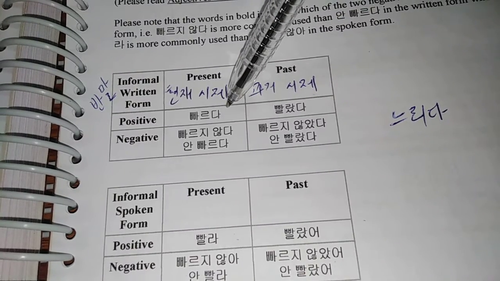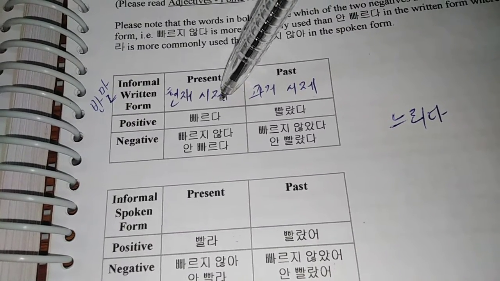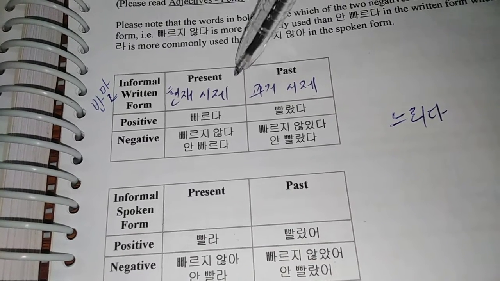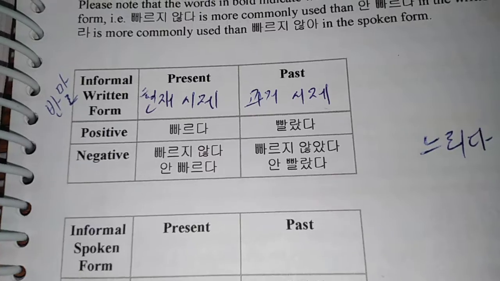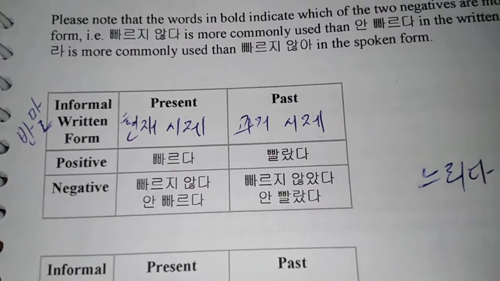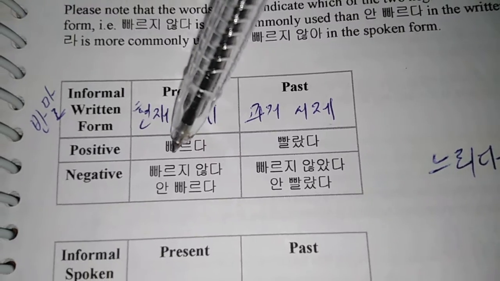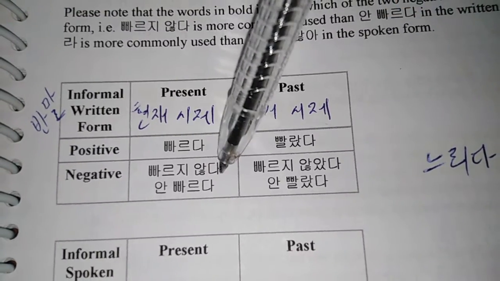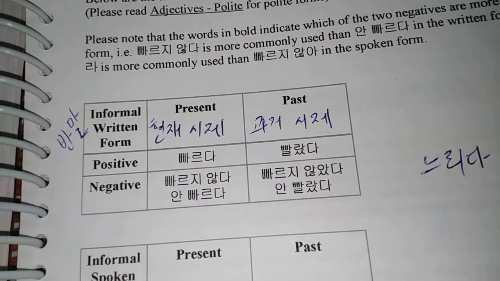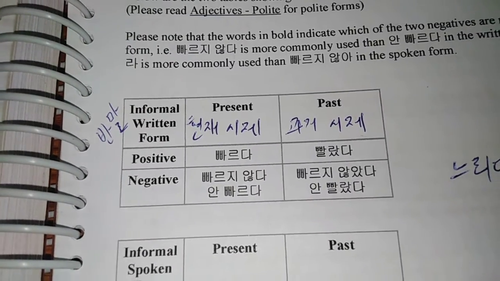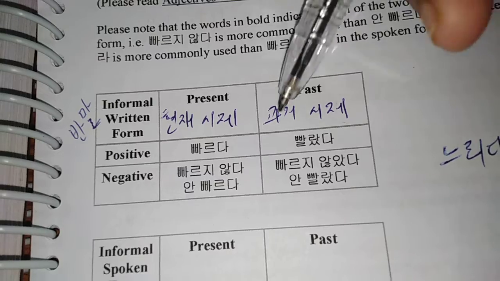If you're going to the written form first, 빠르다, which is 현재, that is present tense, would change into 빨랐다 in the past, which is the positive sense. When we come to negative, it would be 빠르지 않다 or 안 빠르다. Here also, I would say 빠르지 않다 is a bit more common than 안 빠르다.